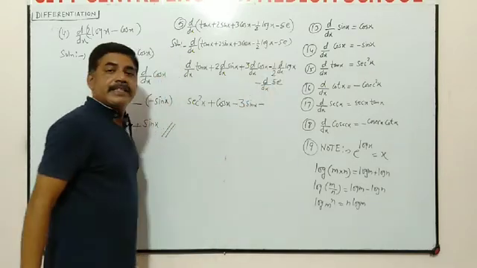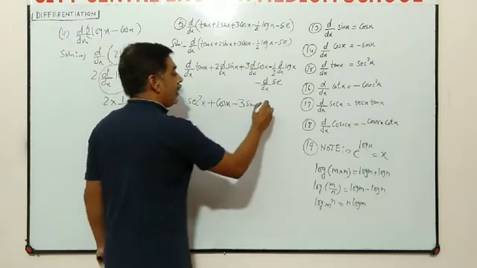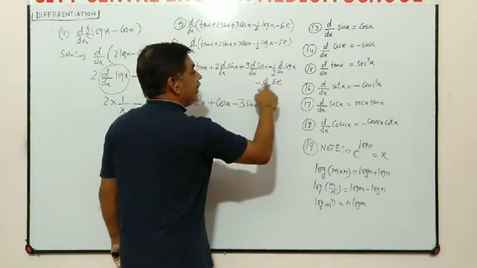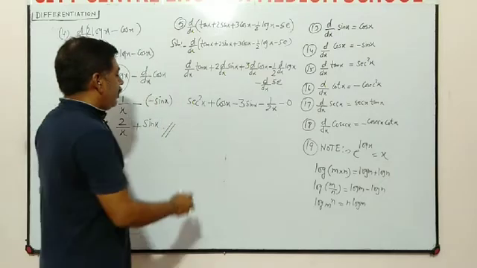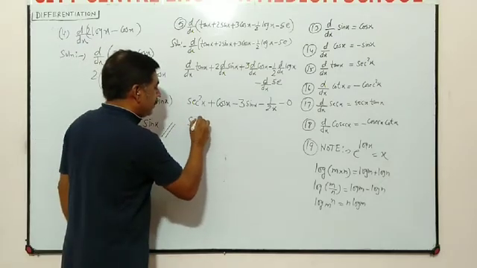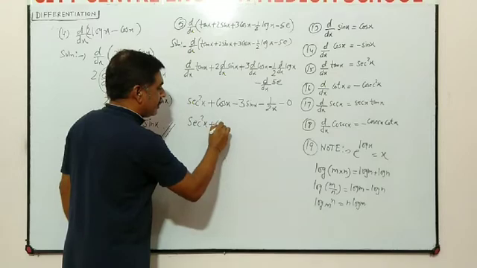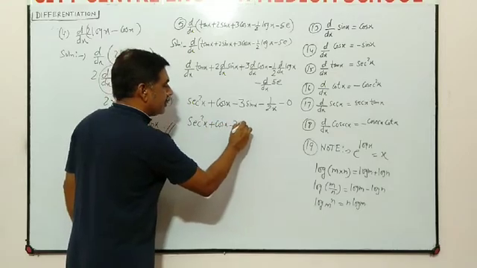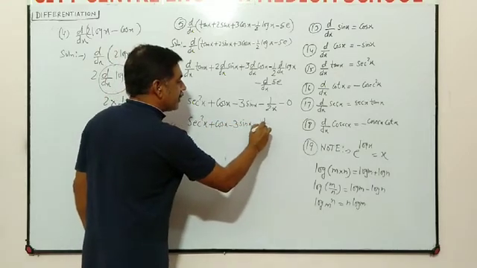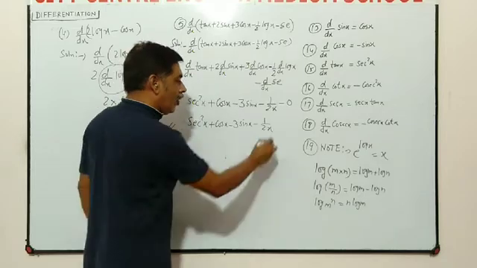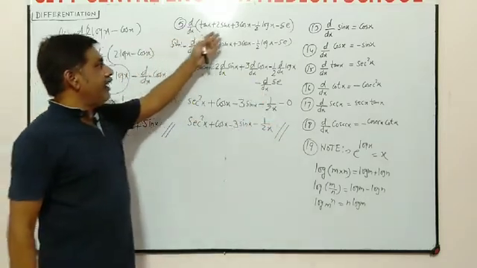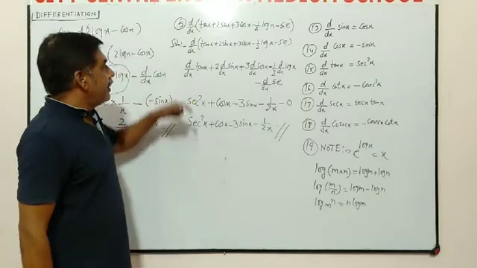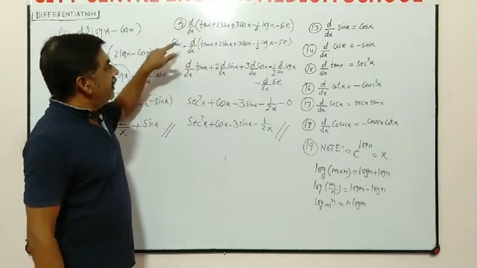Differentiation of log x is 1 upon x, and differentiation of 5e is 0. So the answer is sec square x plus cos x minus 3 sin x minus 1 upon 2x. So in this question we have given 5 terms. Simply differentiate separately.